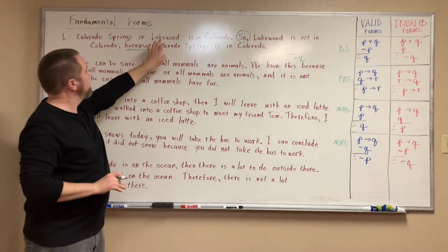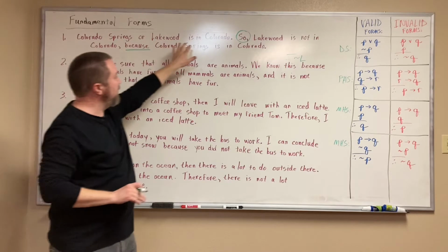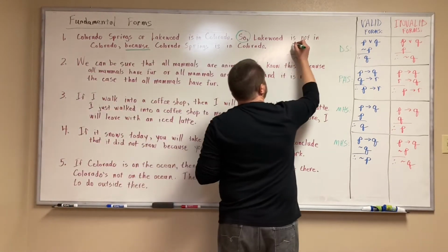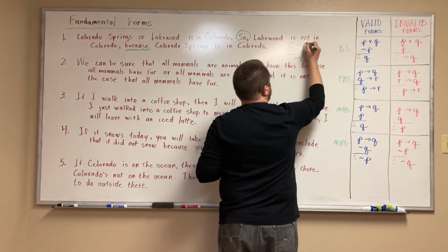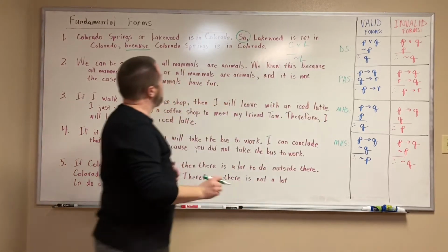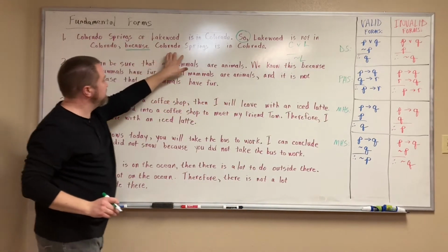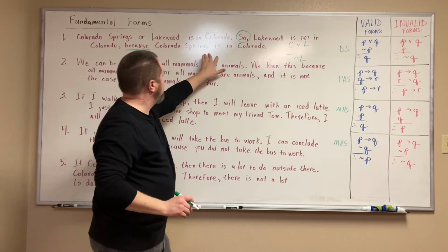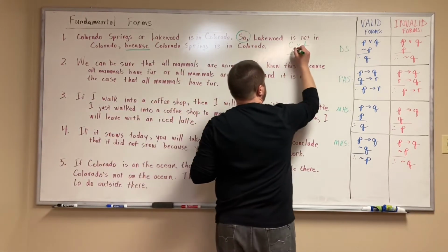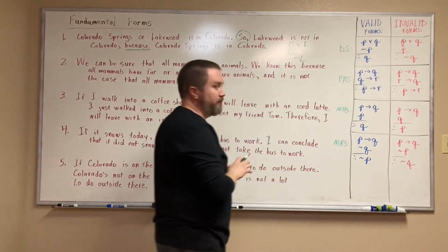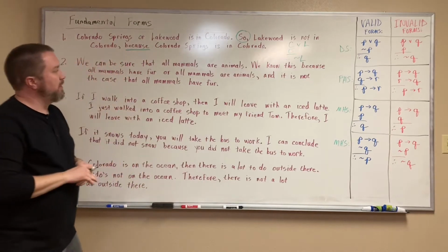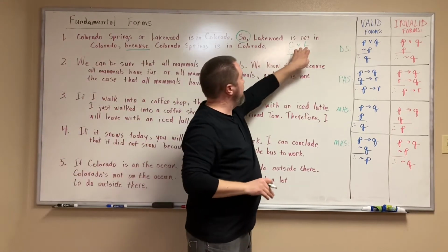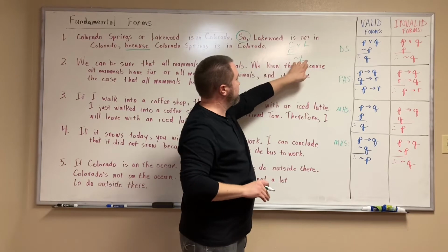Colorado Springs is in Colorado or Lakewood is in Colorado. Let's go C or L. And then finally, our last premise is Colorado Springs is in Colorado. So just C, simple proposition C. So we have C or L, C, not L.